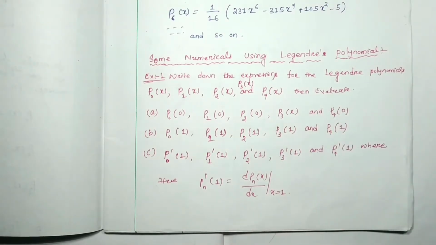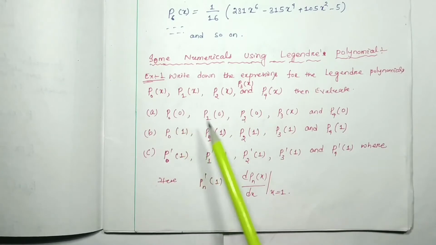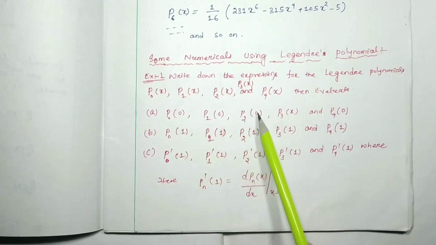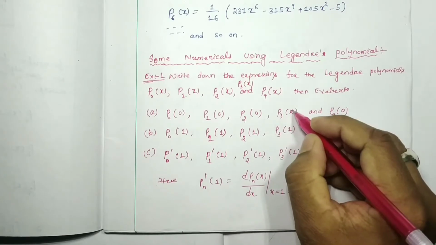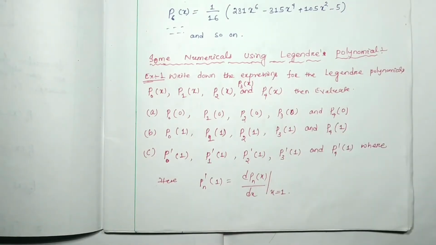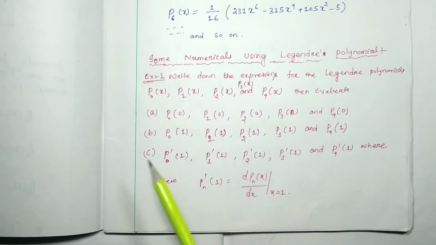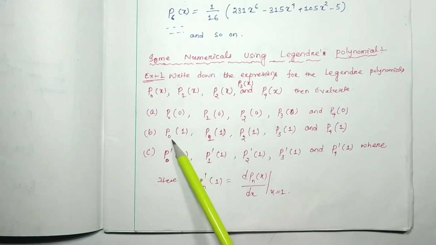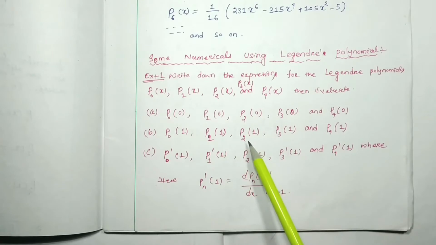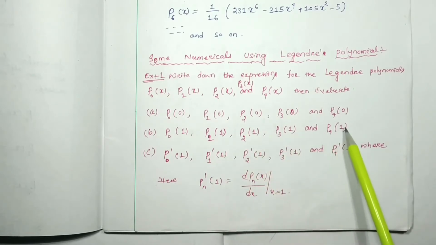Question number A is P0(0), P1(0), P2(0), P3(0) and P4(0). Question number B, it is P0(1), P1(1), P2(1), P3(1), P4(1).